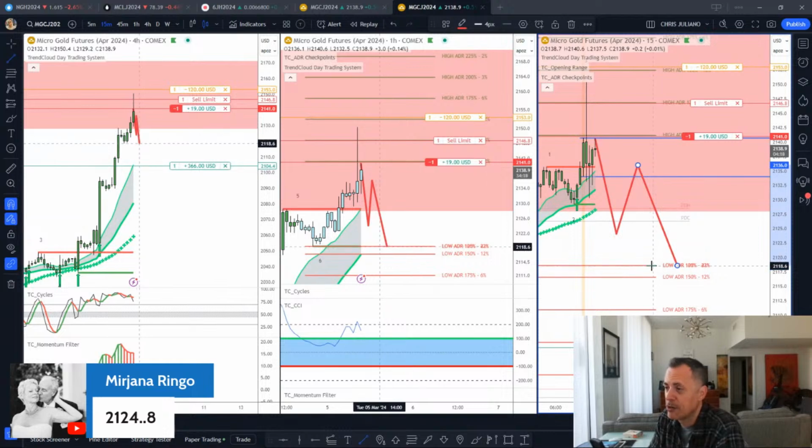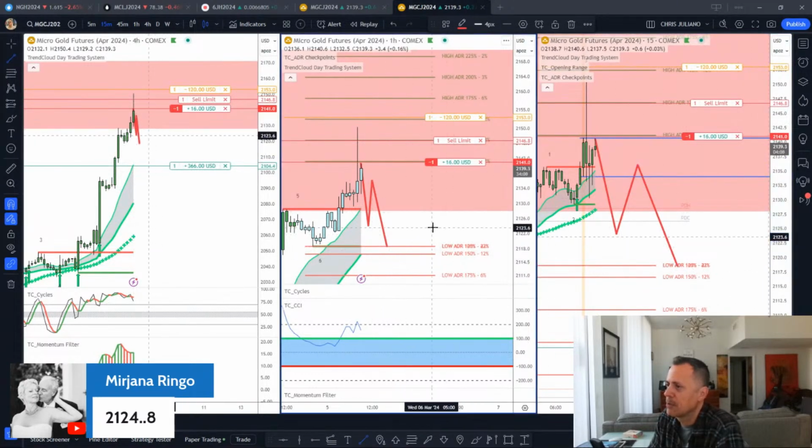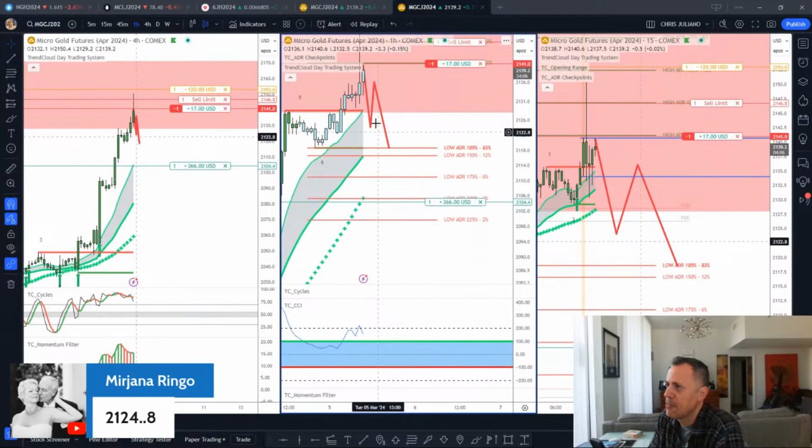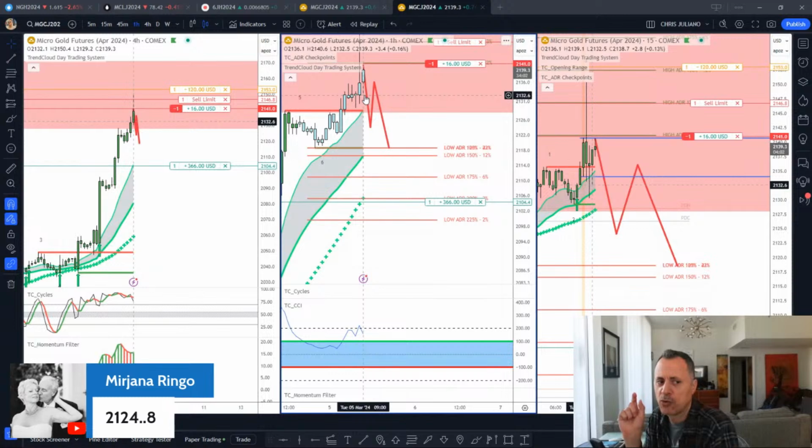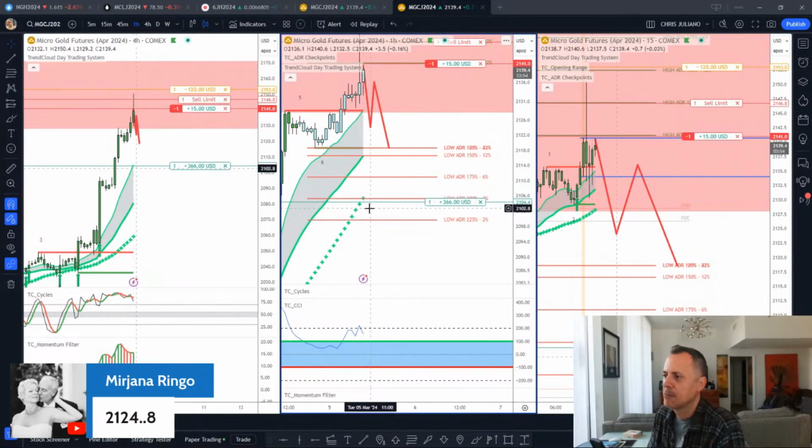In which case, down here at this ADR checkpoint would be your target. We can take one off there if we had two contracts, and then scale out, right? Because right here, that's where this wants to travel to. That's why it's so important to know how price reacts inside of the trend cloud. Extended trend wants to hit that 50.